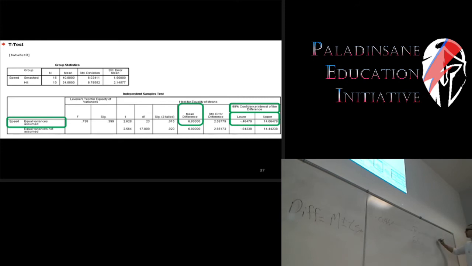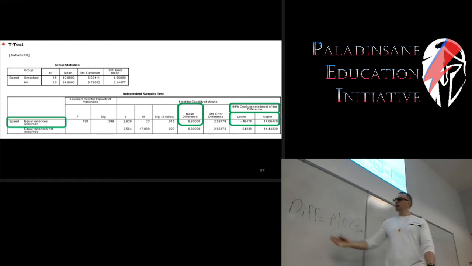On the upper limit, we have 14.06. So she could have overestimated all the way up to 14 miles an hour. Our best guess is 6.8 miles an hour. That's the center of our interval. That's our point estimate. That's our best guess.